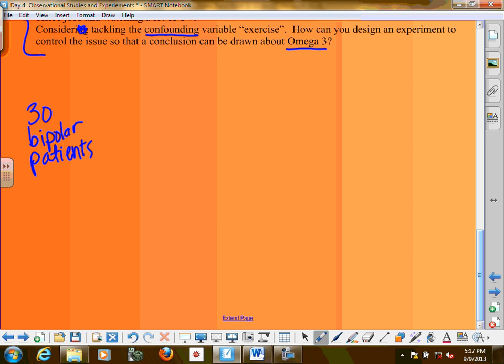Okay, and the first thing you do is control the variable that could be confounding. So let's first make these groups as similar as possible.